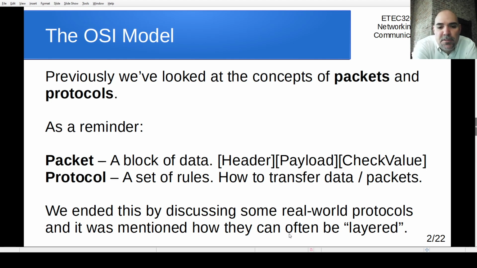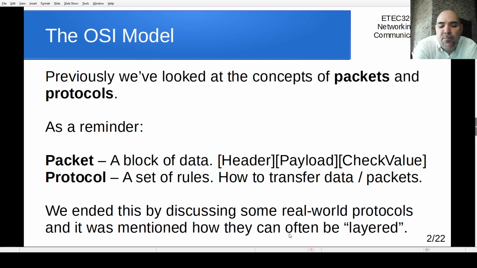It might be a sequence number, a version of the protocol, or other things. Then it has the actual data part itself, usually called the payload, and there's also usually some sort of check value associated with the data.